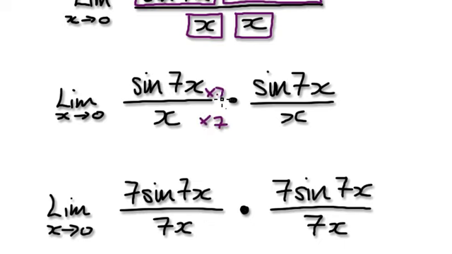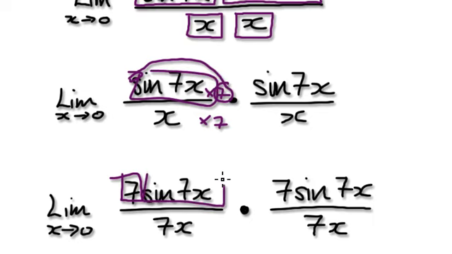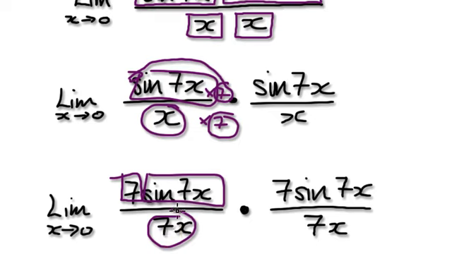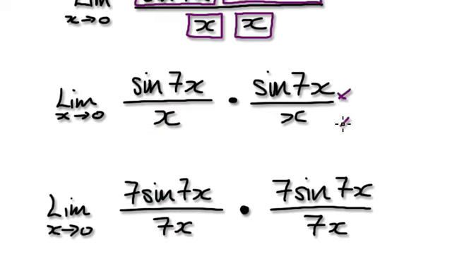The 7 goes in front here, and your sine 7x goes here, and then at the bottom 7 times x will be 7x. Then do the same over here, times top and bottom by 7.